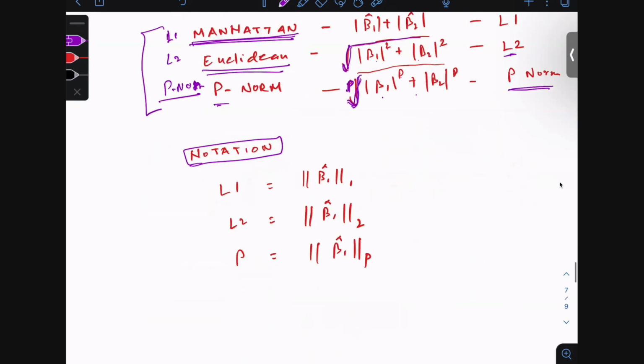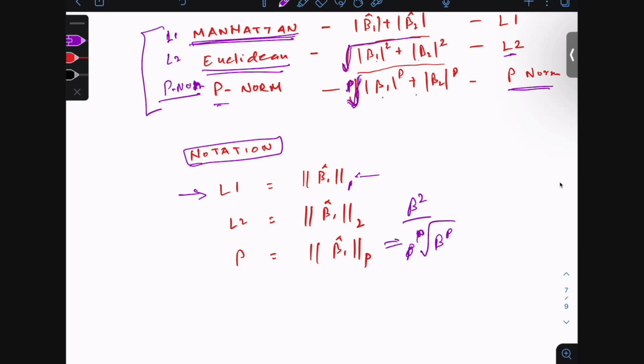Then how the notation works: you always represent it with 2 bars and a subscript. If 1 is written down, it means the L1 norm. If 2 is written, it means the L2 norm, which means you have to do the quadratic. If p is written, it means the pth norm, that is, beta to the power p under root p.